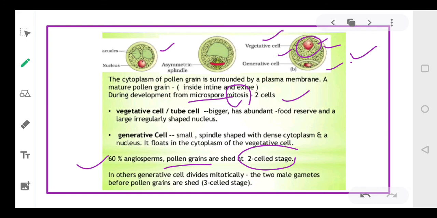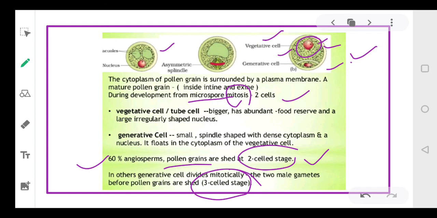So in 60% of pollen grains, the pollen grain is shed at this stage, while in some others the pollen grain, with 2 male gametes, is shed at 3 cell stage.